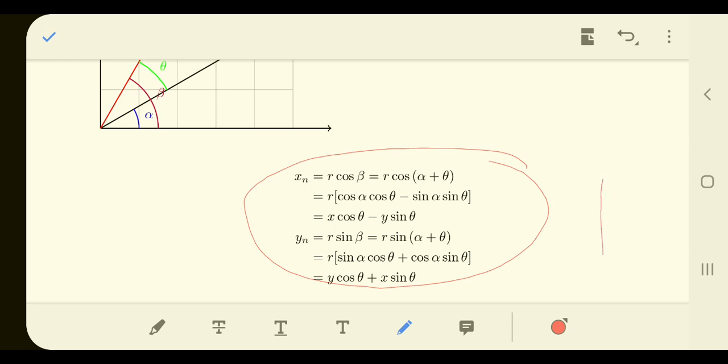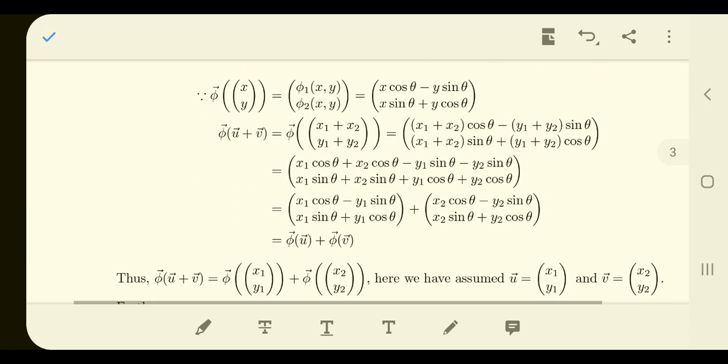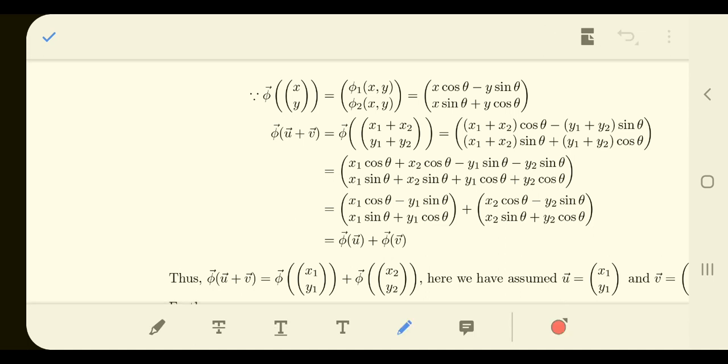Essentially, if phi is representing the rotation, then phi of (x, y) is representing this mapping.